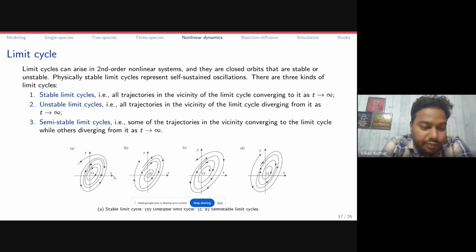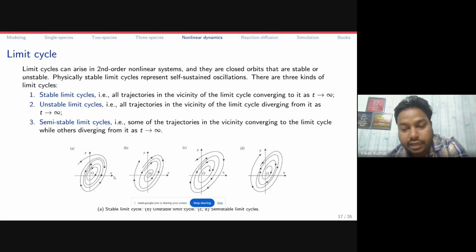If it fails from one side only, like from outside or inside, it's called a semi-stable limit cycle, as you can see here in diagrams C and D. In diagram C, you can see a semi-stable diagram. There should be some limit cycle where the trajectory goes, but as we are observing, inside, the trajectories are coming to the fixed point, and from the outside they are converging to the limit cycle.